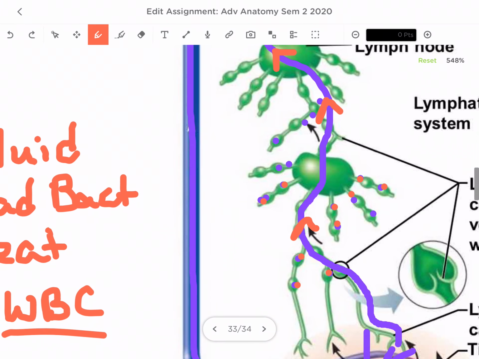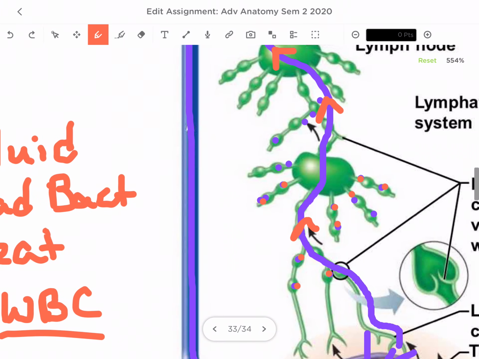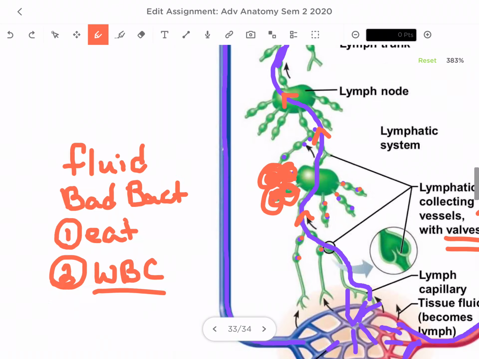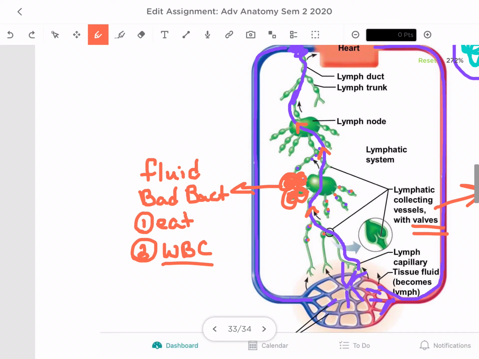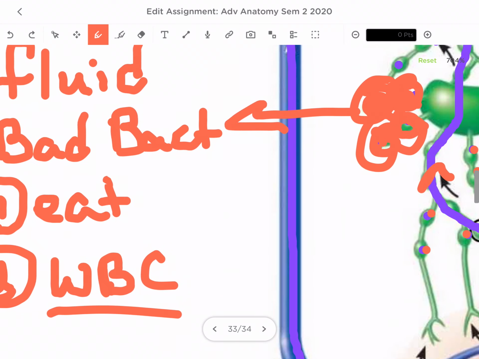So all these lymph nodes, whenever they find bad bacteria in the lymphatic system, they pretty much quarantine it in your lymph nodes. And if you have an infection in your body, that's what causes your lymph nodes to get bigger and bigger, because they're pretty much jails for this bad bacteria. And this bad bacteria has to hang out there because it's quarantined there until there is a cell called a macrophage.